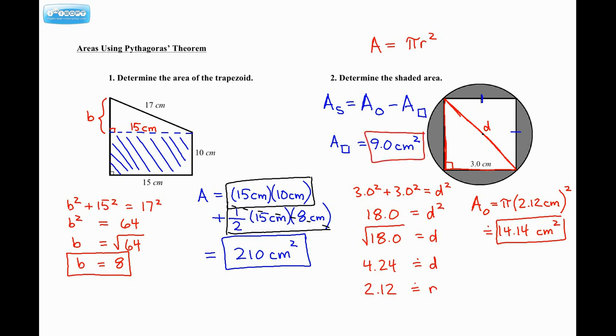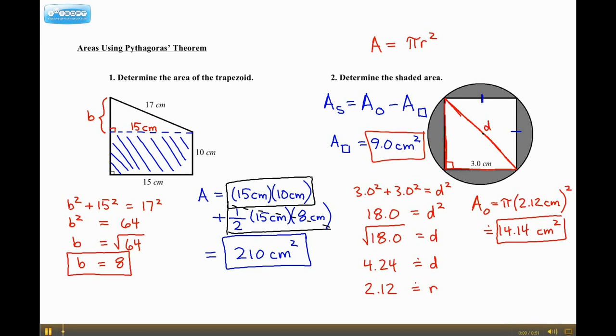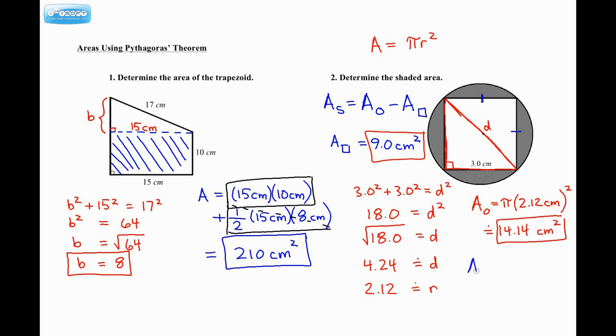So now let's just find the gray area. Right, so my area of the shaded region, okay, just going to take the area of the circle and subtract the area of the square. Okay, and I get approximately 5.14 centimeters squared.